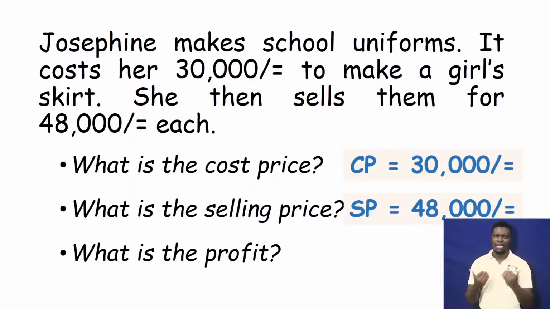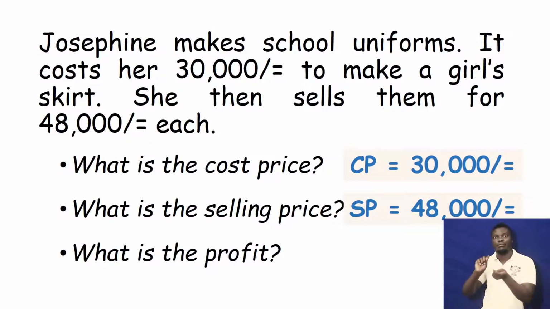What is the profit? The profit for this skirt can be obtained by subtracting cost price from selling price. Please mark the language. It is subtracting cost price from selling price.